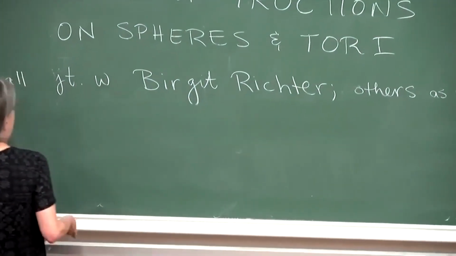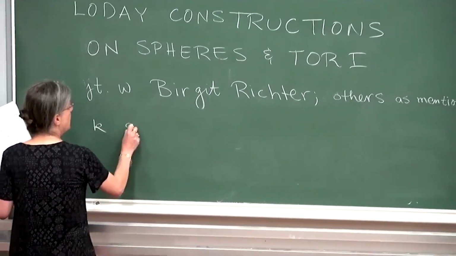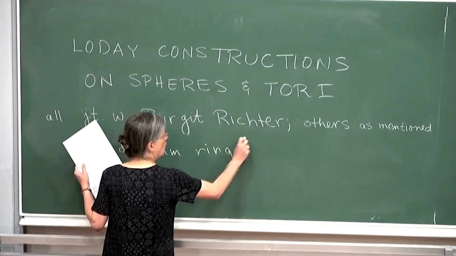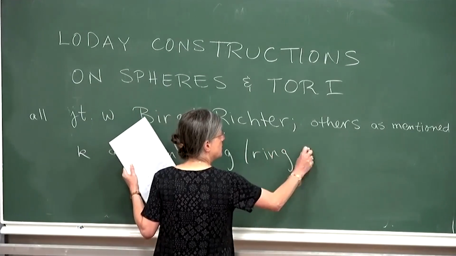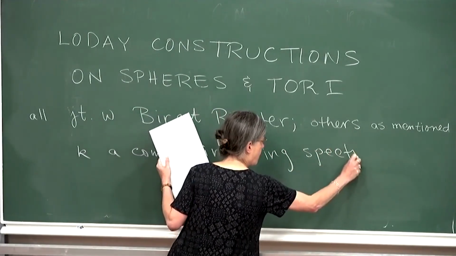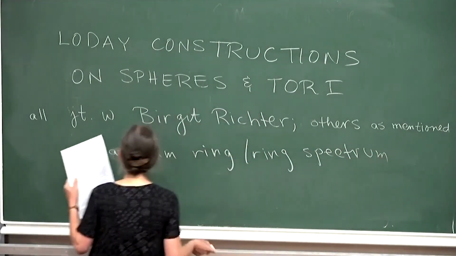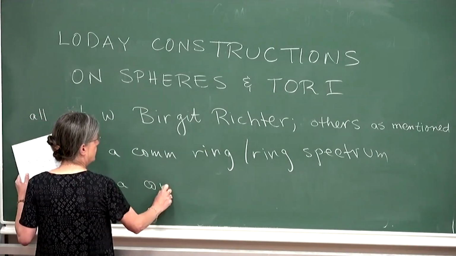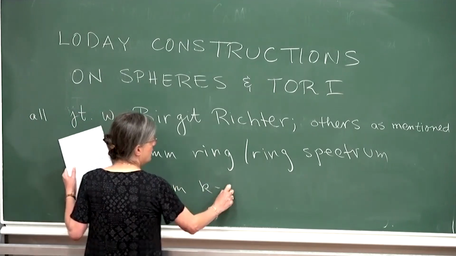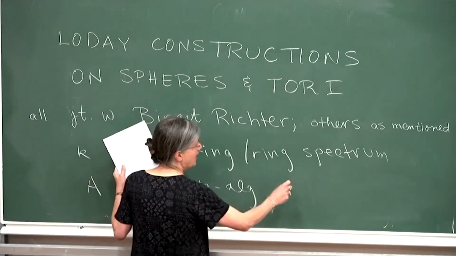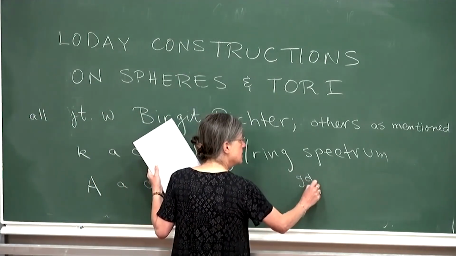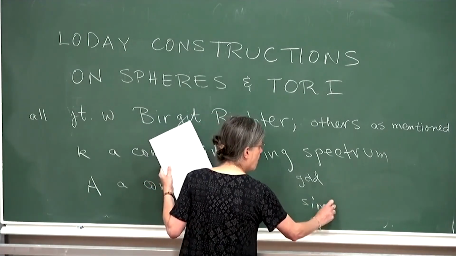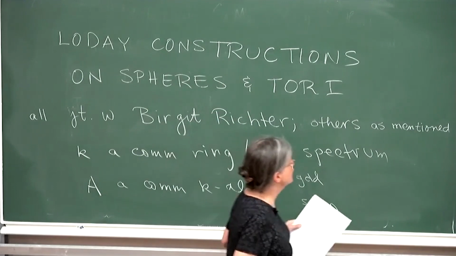Okay, so K is a commutative ring or ring spectrum. And A is a commutative K algebra. And in the discrete case, it sometimes also is a graded K algebra or a simplicial, always commutative K algebra.